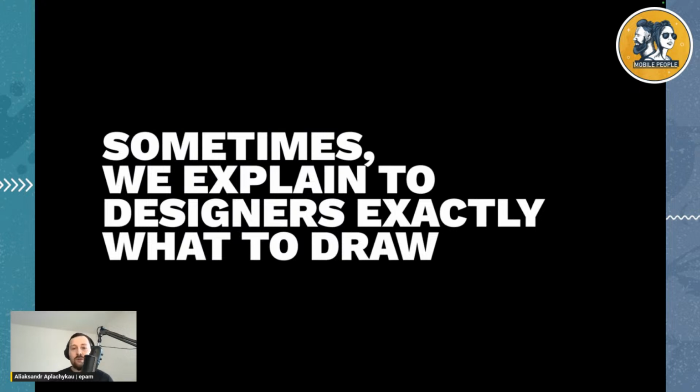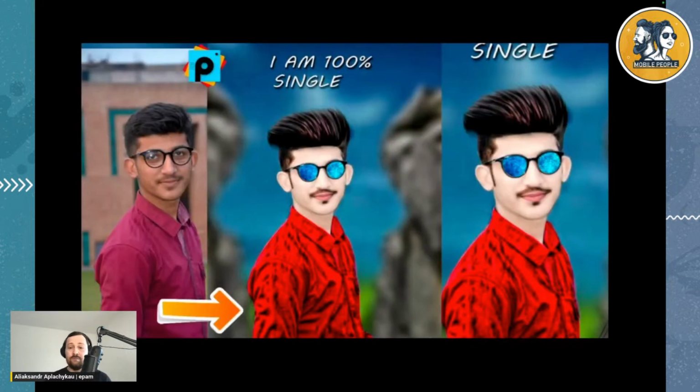Sometimes we act as designers, because we know exactly what we need to draw. We guide designers what controls they need to use to draw something aligned with the platform. Sometimes we edit photos like this guy in this picture, adding some contrast and filters for our TikTok, Instagram, whatever.